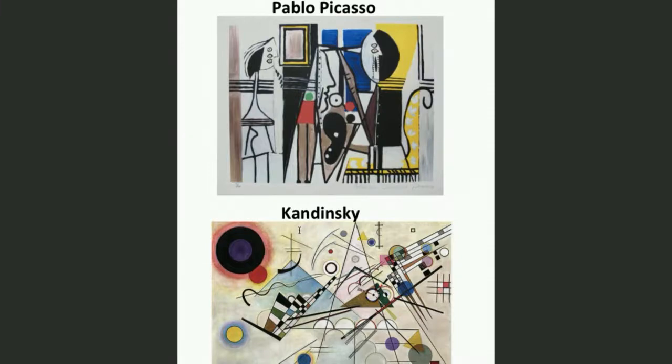So, initial noticings. What do you notice about the way that these artists incorporated shapes into their artwork? What's different about the ways they incorporated shapes in their artwork? What's different about how each of them made their art? What shapes do you see in their artwork?